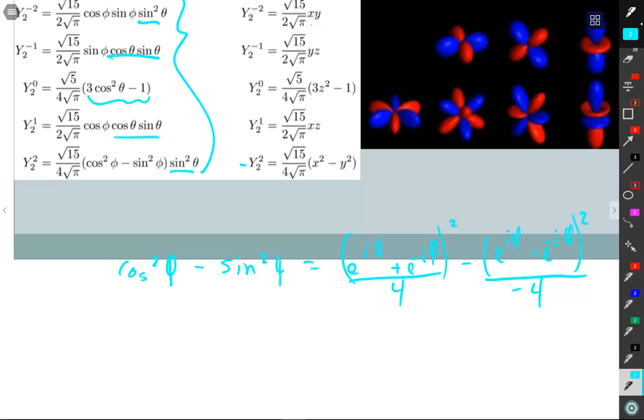If you do that, notice the 2i on bottom squared gives you a -4 on bottom. Now this color is actually easier for you to read than me to read.